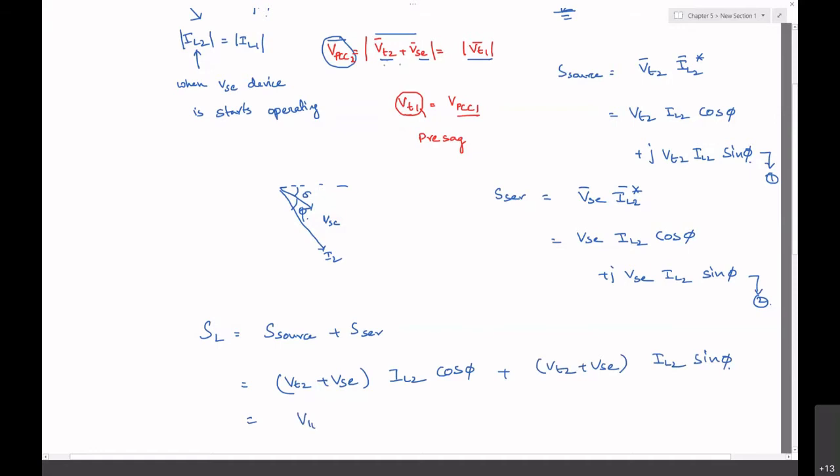Then it is VT1 into IL2 times cos phi plus j times VT1 into IL2 times sin phi. We expressed that IL2 is very much equivalent to IL1 when the VSC starts operating.